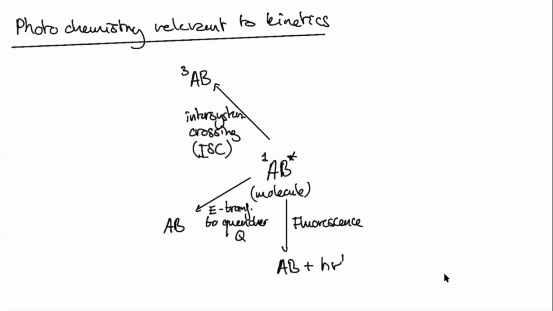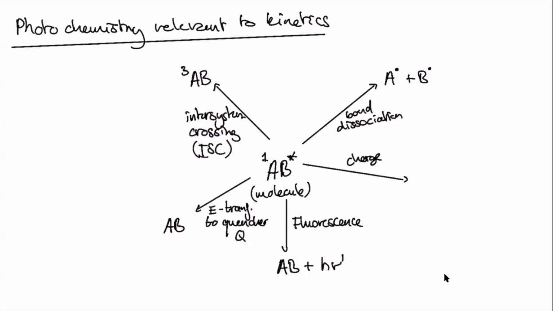And then let's look at some real photochemical processes. So an important one is bond dissociation. So AB splits into A and B, both radicals. And we can have charge transfer.